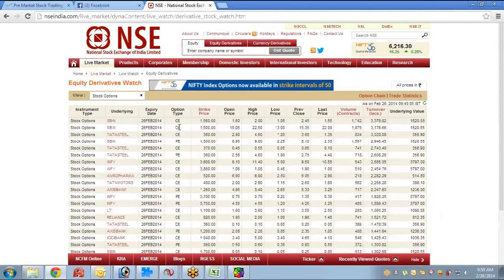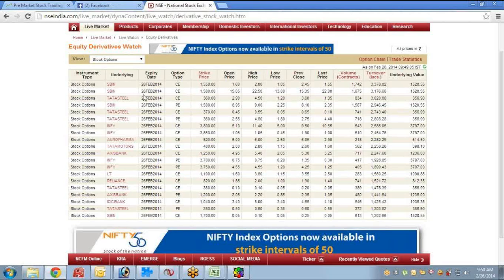So I'm just showing you some top 20 stock options. So for these strike prices, this is the option price. So 1.6 into 125 is the lot. So that will be your margin required for one lot of SBI at 1550 strike. So you will have to calculate.